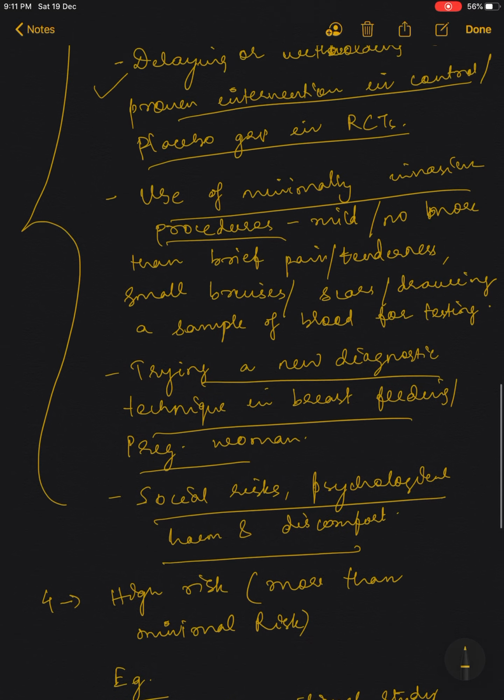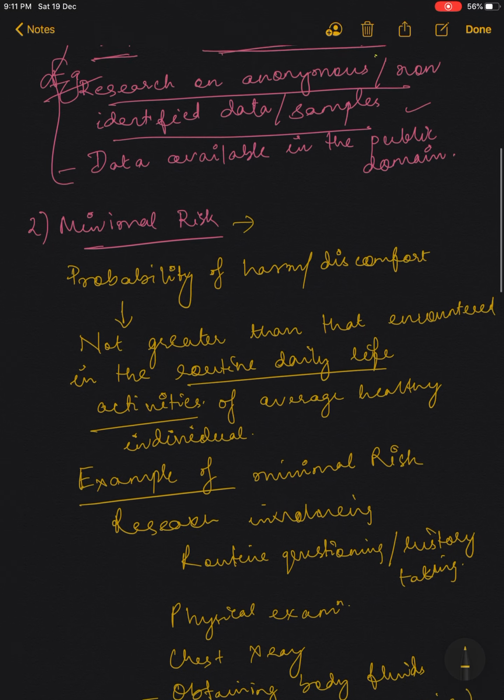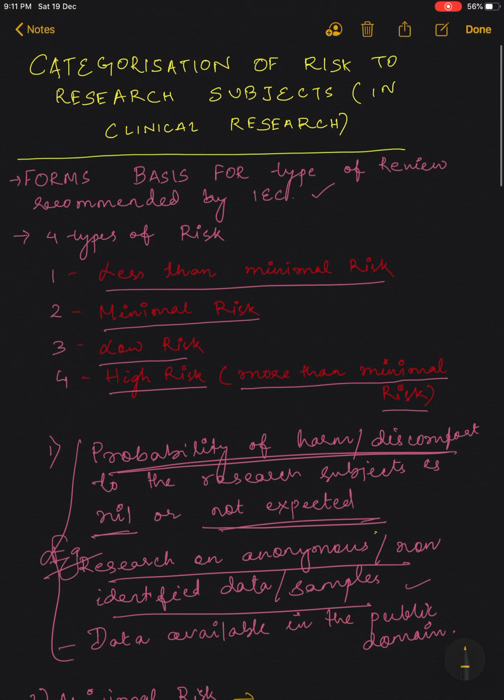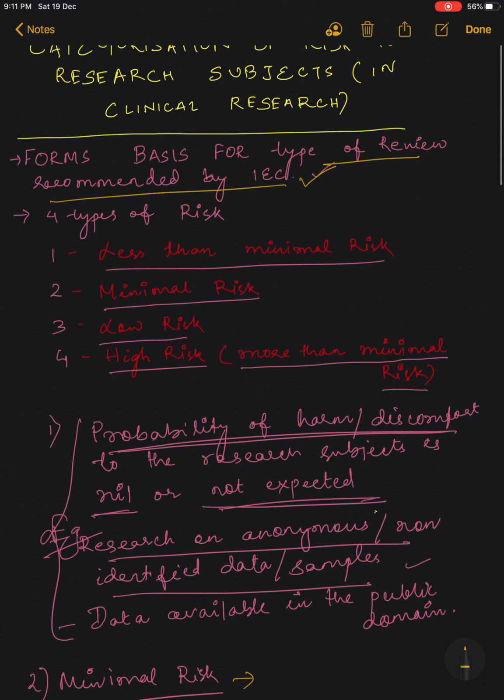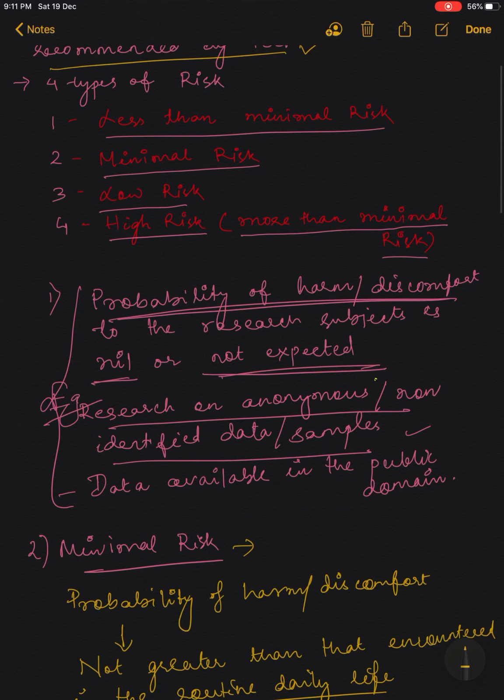So this is all about the risk involved to the research subjects in the research criteria. What it forms is the basis of the type of review recommended by the Institutional Ethics Committee. The risks are of four types: less than minimal risk, minimal risk, low risk, high risk.